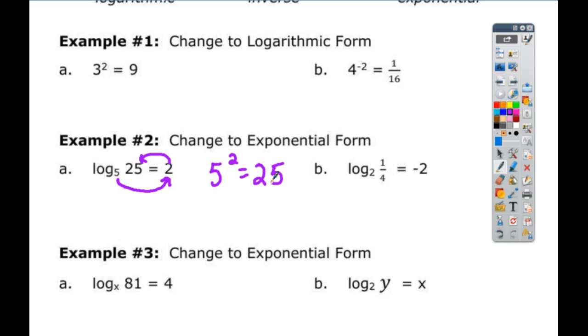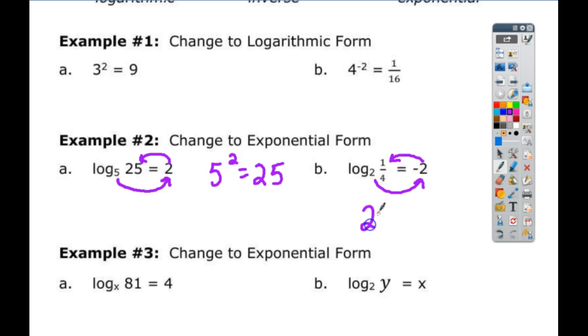What you have to remember is this number right here is always the base on the log, and the number across from it is the exponent, and this number always is right next to the word log.